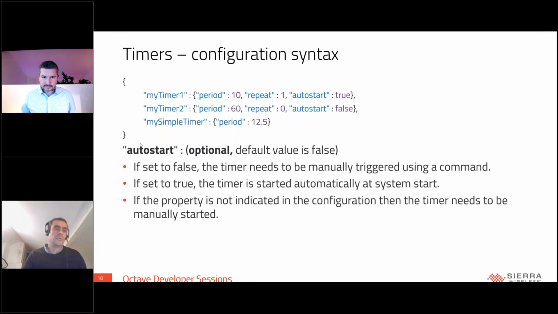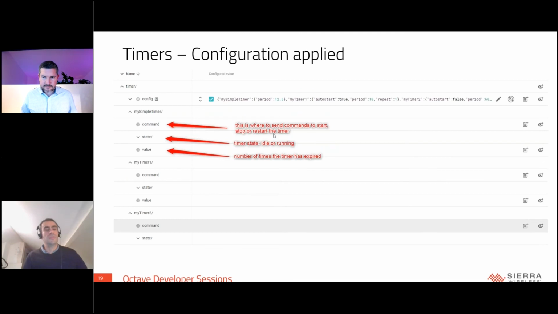So once the configuration is written and applied to /timer/config, then the resources are created. It's similar to the virtual resources. Here we can see my simple timer, my timer 1, my timer 2. So here are the 3 timers. For each of those timers, 3 resources.